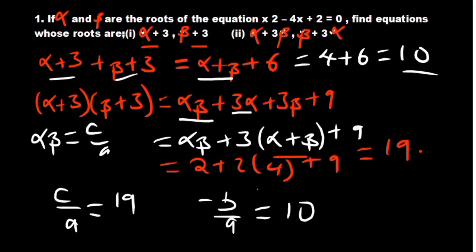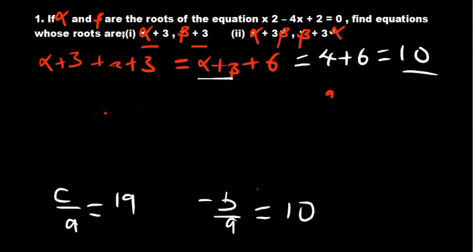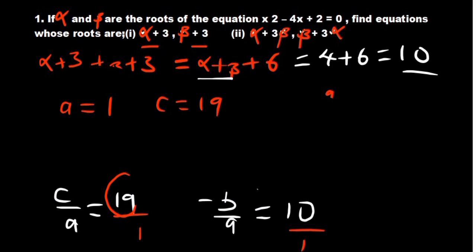Let's have some space so that we're able to find the equation. We need to make sure that we have a common denominator. In this case, our a is equivalent to 1. Our c is equal to 19, as we can see from there. Then negative b is equal to 10, therefore b is negative 10, sorry.